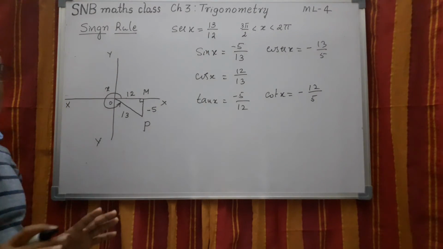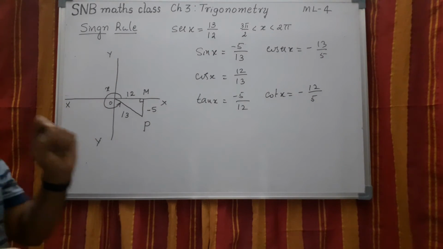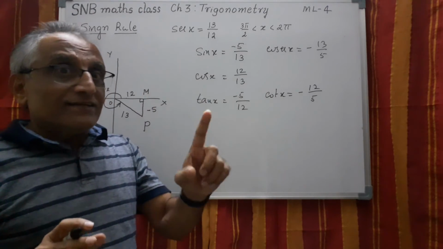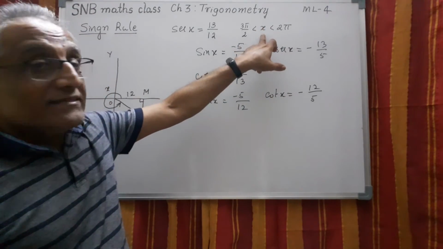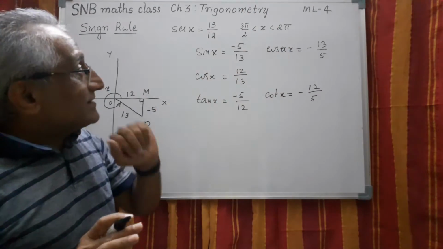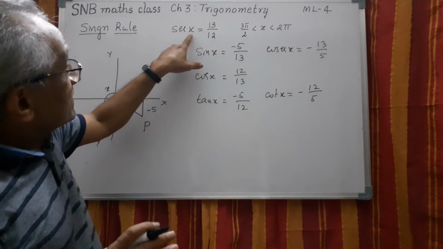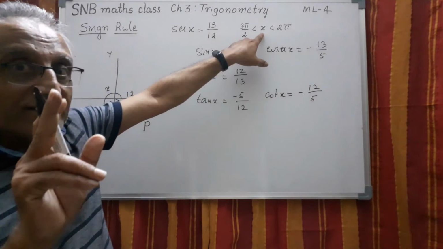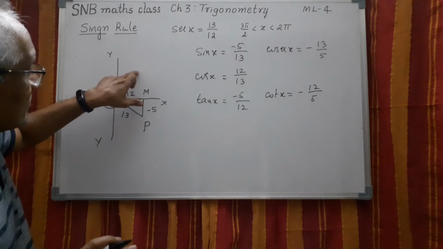So this is the method. Given any trigonometric ratio, you can find all the remaining, but there is one condition: the range of x should be given. Otherwise you can't find it, because there will be two answers. If secant x equals 13 by 12 is given and the range is not given, there are two possibilities. For example, it can be here or it can be here.